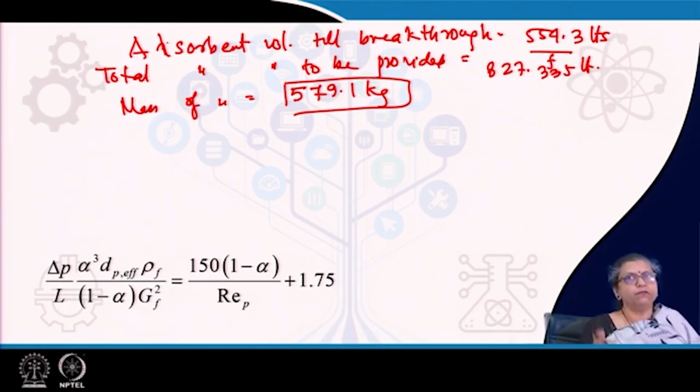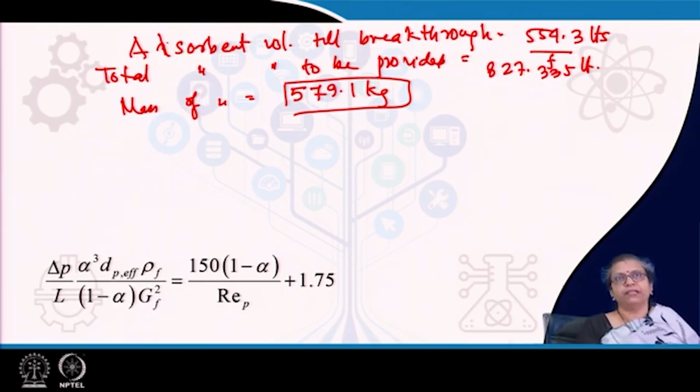From there we know how long this adsorption process will occur. From there we found out the total adsorbent volume required in the plant, and also the total mass of adsorbent that will be required. Once this is done, the next thing we would like to do is finalize the dimensions.